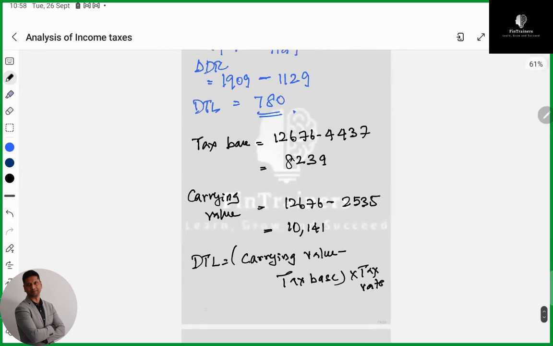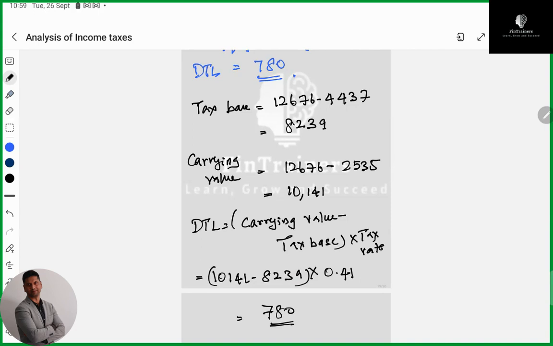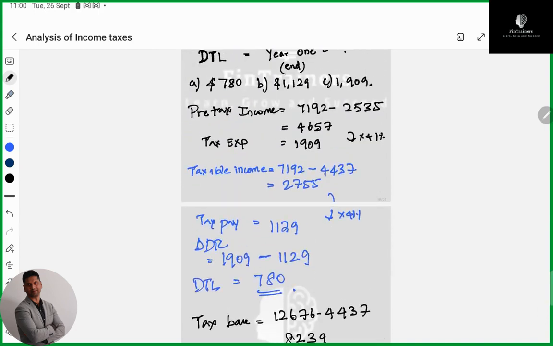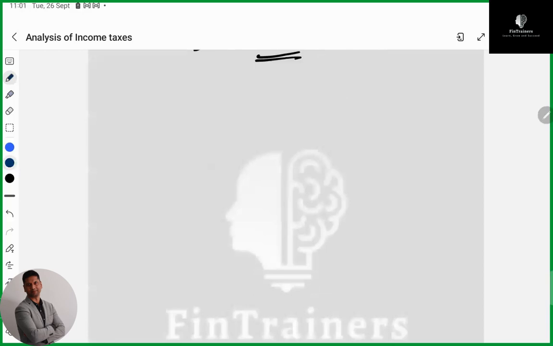So here it is 10,141 minus 8,239 times 41%. So that will be 780. Same answer. So usually the carrying value tax-base method is easier to do because you don't have to do an entire P&L to calculate that.